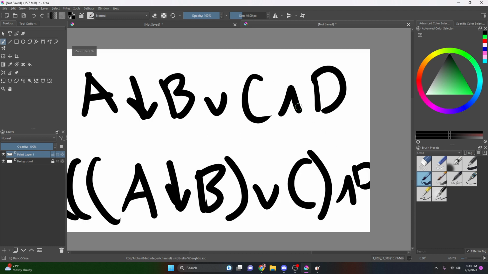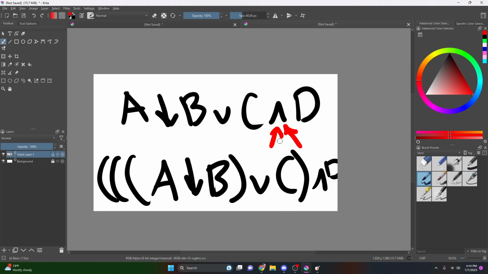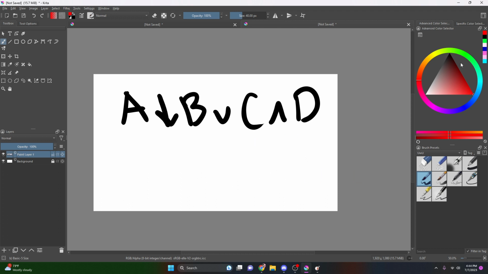So the ultimate operator here is this one, and this is the one where you need to pay attention if you're going to do this module. The last operator, if this were to happen. And then, of course, if it was in parentheses, like, say, like this, it would be like this.